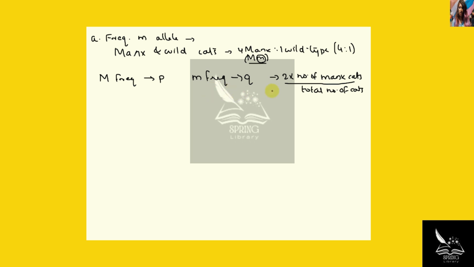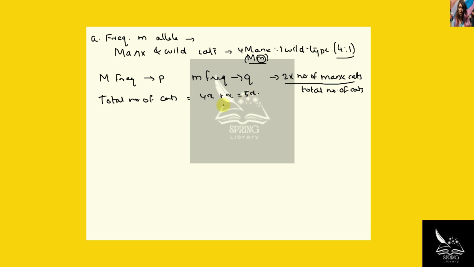Given that the ratio of Manx to wild type cats is 4:1, we can assign 4x to the number of Manx cats and x to the number of wild type cats. So the total number of cats will be equal to 4x plus x, equal to 5x.